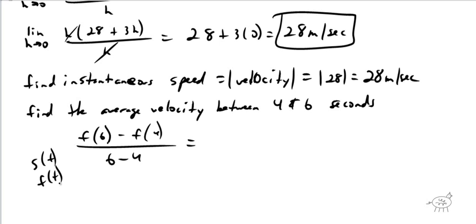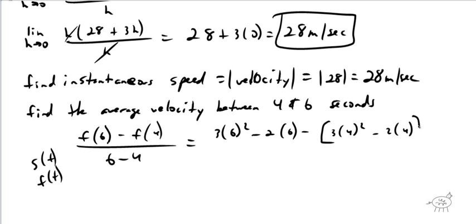I plug a 6 into there, so 3 times 6 squared minus 2 times 6 minus bracket 3 times 4 squared minus 2 times 4, all over 2.